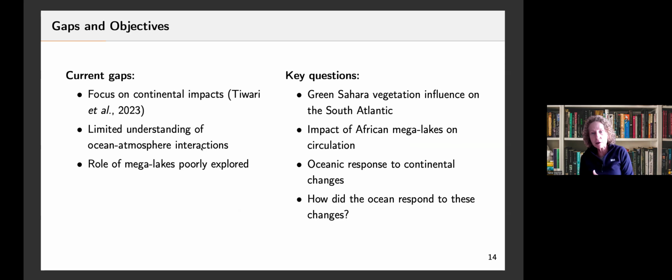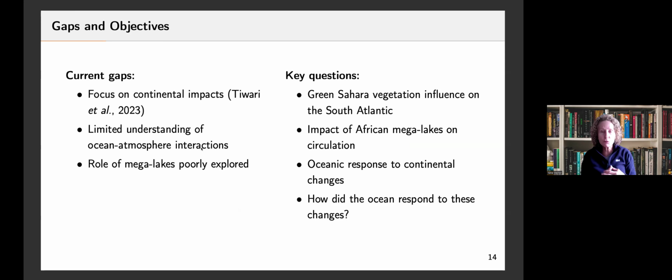Which brings us to the key questions that I was trying to address, which would be the Green Sahara vegetation influence on the South Atlantic. So that's kind of a crazy question. These are the changes in vegetation that are happening now, like the slide I showed a bit earlier. The world is beginning to change its climate.